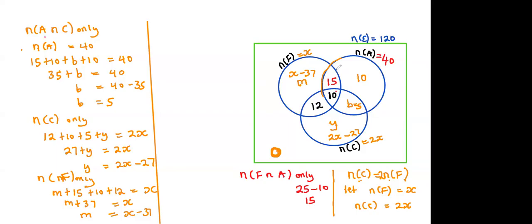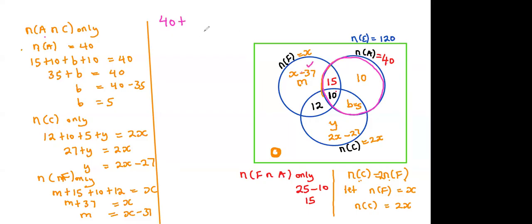Someone may get the set of f only, then add on the remaining. Another one can get this set and then add on the unknown. Another one can add everything. But I can just say the whole of this set here is equal to 40, so I can just say that is 40 plus what is remaining.